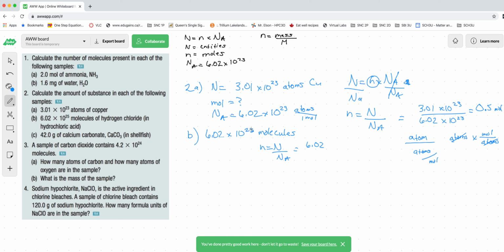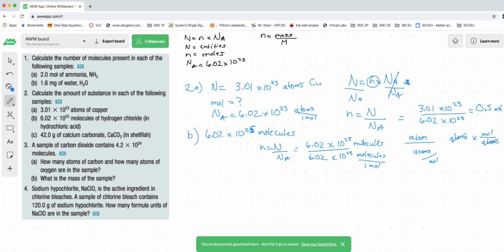Oh, this is 10 to the 25. I'm like, well, we know what that answer is. It's going to be 1. But in the question, it's 25 molecules. So it's the same calculation as atoms, remember. And that is the number of molecules in 1 mole.